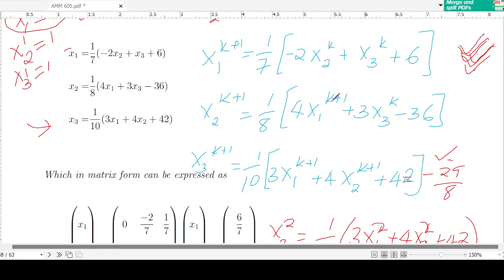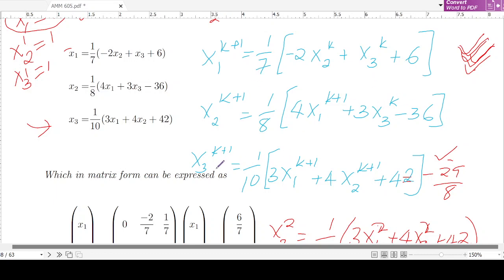So x1 k plus 1 is the value in the current iteration obtained here from the first equation. Now x3, we have not computed x3 yet in this current iteration because x3 will be computed in the third equation and we are in the second. So in this case, we use the value from the previous iteration, x3k.